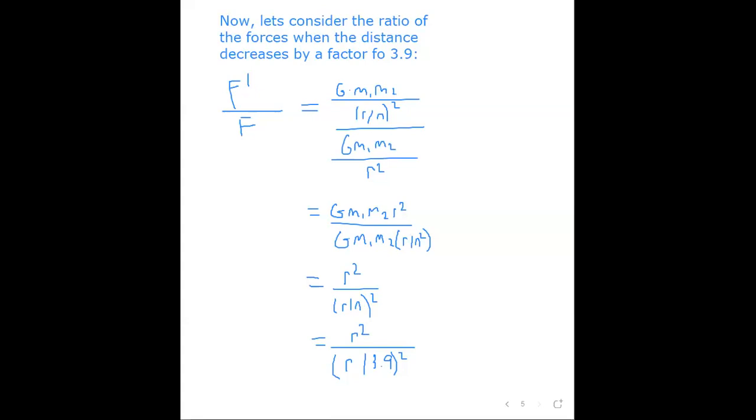The average radius of the Earth is approximately 6.3 times 10 to the 3 kilometers.